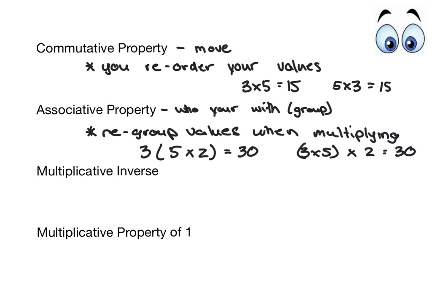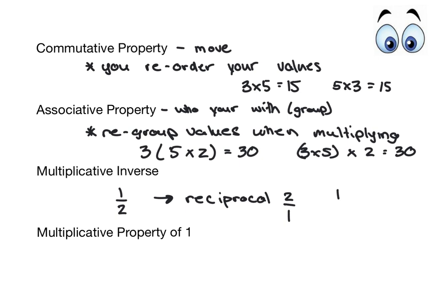The multiplicative inverse is just when you have a fraction or a number and it is multiplied by the reciprocal. Here's what that means. If we have the number 1/2, the reciprocal is 2/1.